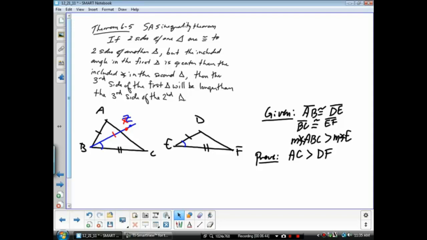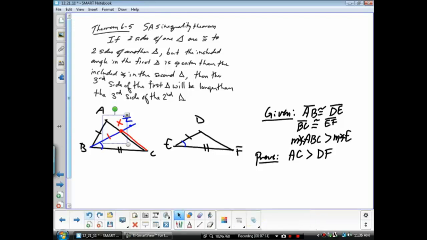Which means we are going to have to work with if X is on AC, which is the easiest case, what happens, and if X is not on AC, what happens. Either way, we are going to be drawing the segment from X to C and looking at triangle BXC.